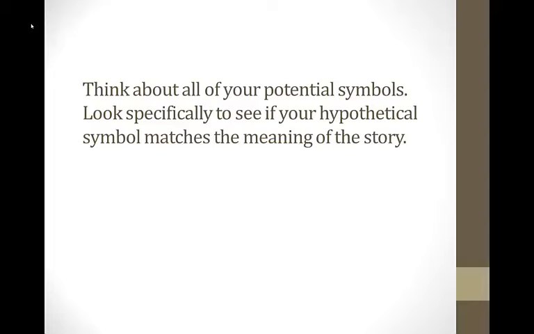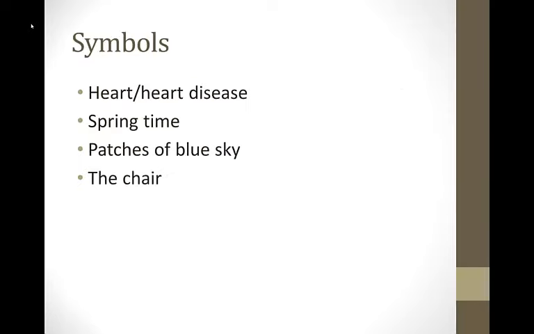So here we go. Here are some of the symbols, some of the symbolism used in The Story of an Hour. If you noted that hearts and heart disease was mentioned numerous times, that numerous descriptions of the spring season were used, the description of the patches of the blue sky was mentioned several times, and even, and this is probably one you might not have gotten, but the chair was mentioned.